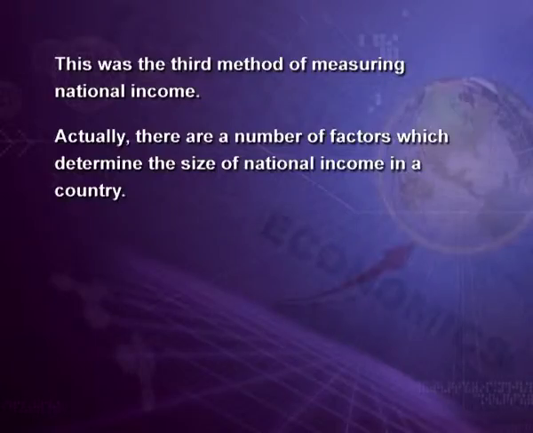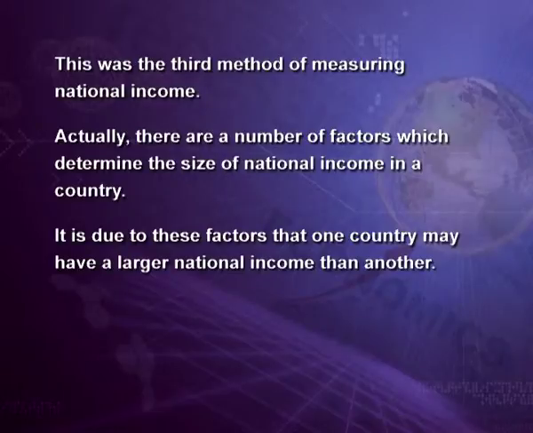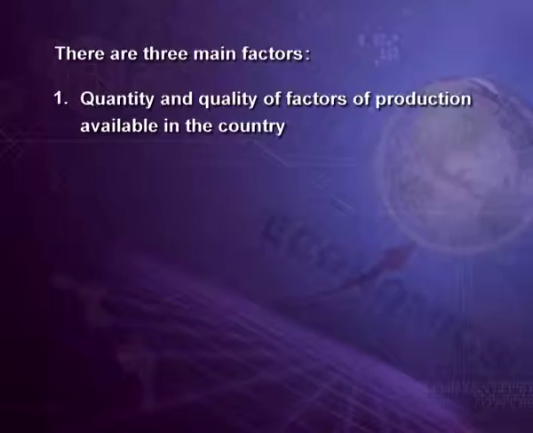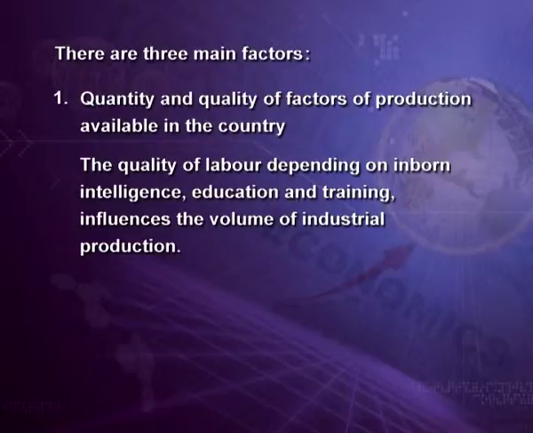Actually, there are a number of factors which determine the size of national income in a country. It is due to these factors that one country may have a larger national income than another. There are three main factors. First, quantity and quality of factors of production available in the country. Like the quality of labor, depending on inborn intelligence, education and training, influences the volume of industrial production.